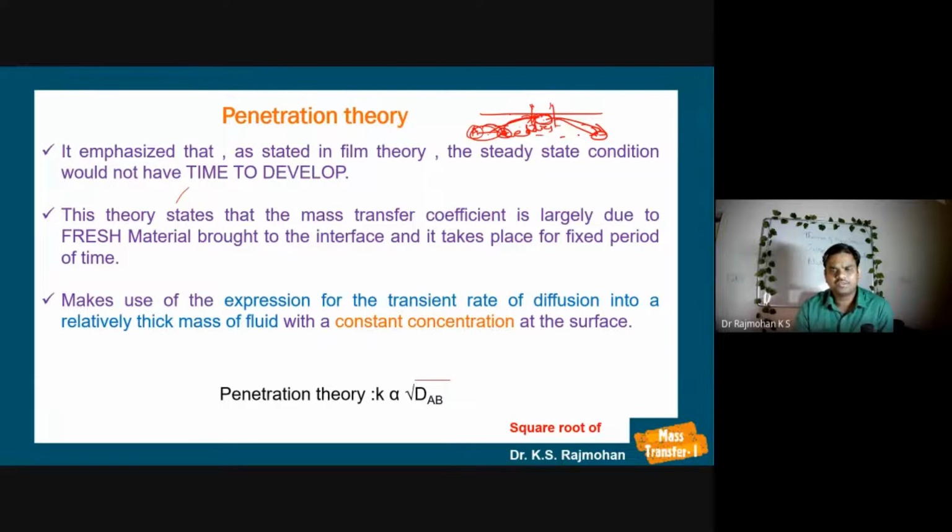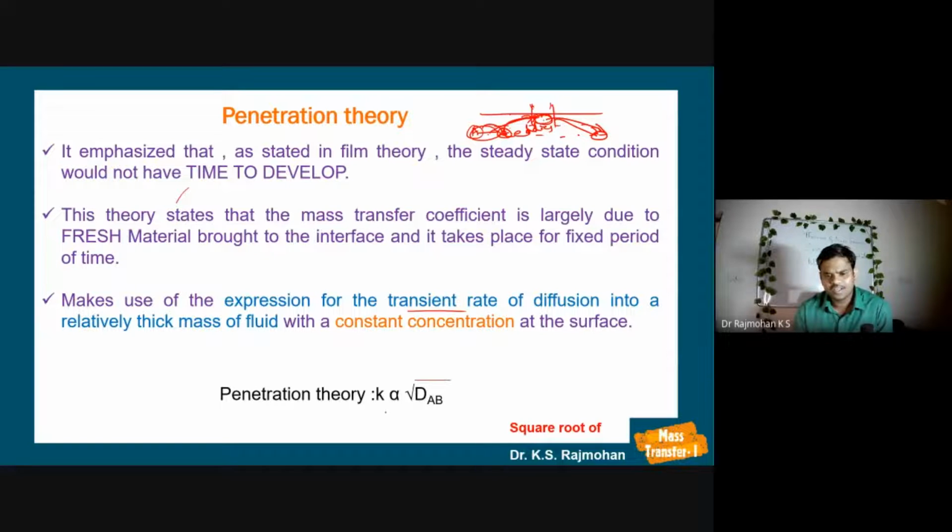But it assumes that all the molecules spend equal time at the surface, and there we have a constant concentration at the surface. Okay, so thereby it tries to make use of the expression of transient rate of diffusion into relatively thick mass of fluid with a constant concentration at the surface.